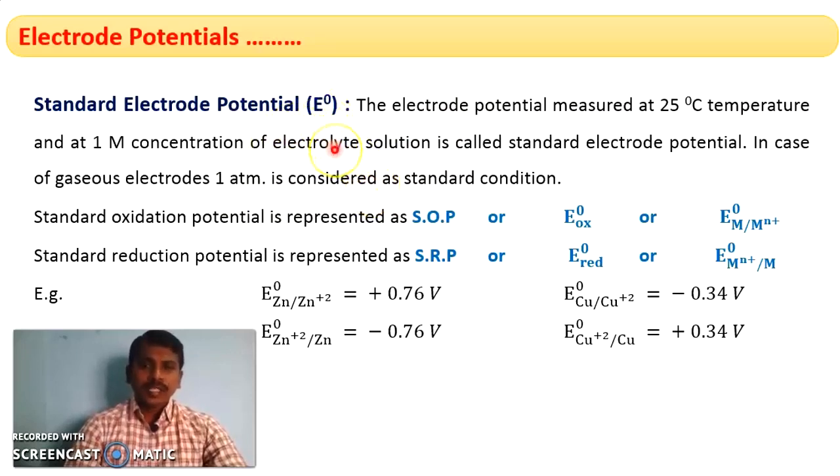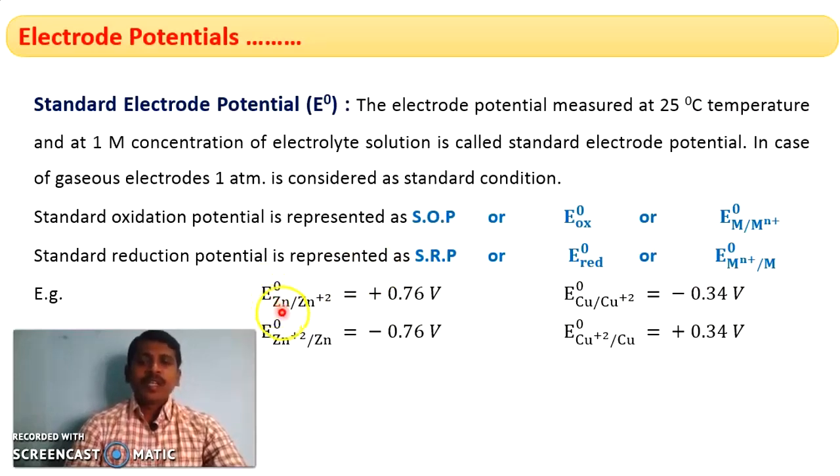These values are fixed. Standard oxidation potential is represented with SOP or E naught_ox or E naught_M|M^n+. Standard reduction potential is denoted with SRP or E naught_red or E naught_M^n+|M. So these are fixed values, because conditions are standard.